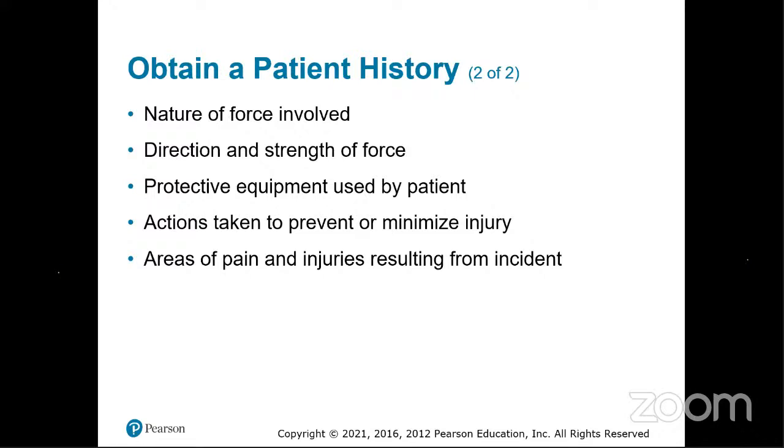Attain a patient history. So the nature of the force involved, we've hit on that. The direction of the force, like we talked the other day with T-bones versus a head-on versus a rollover too. Speed plays a definite part in that too. Your PPE: did you have a helmet on?